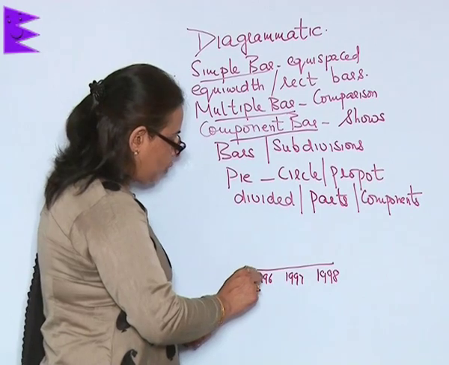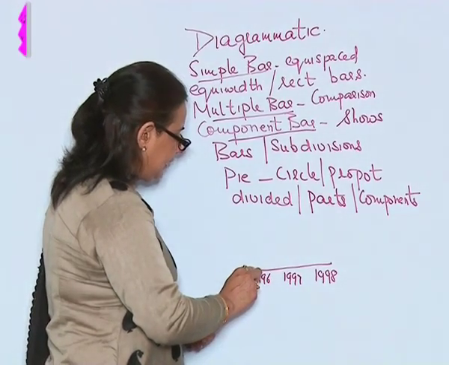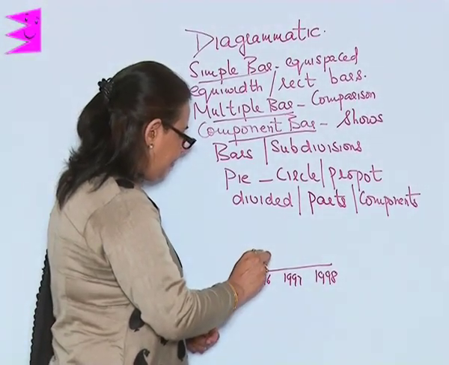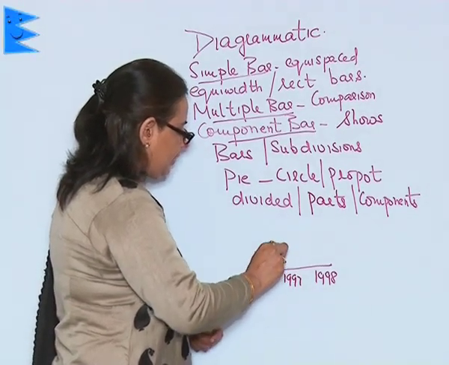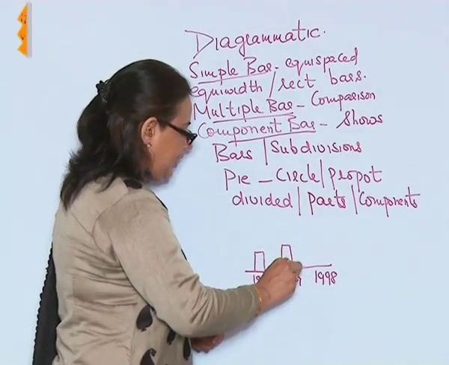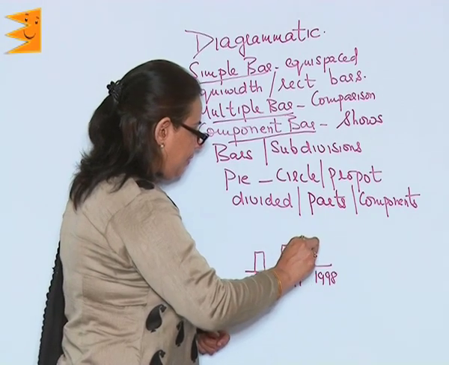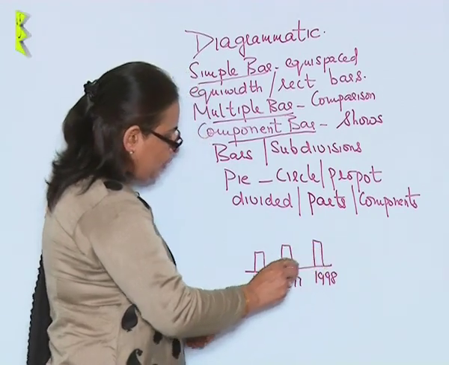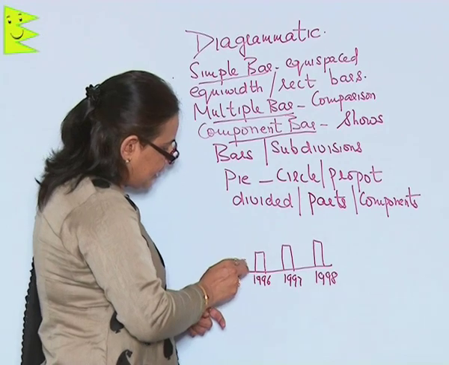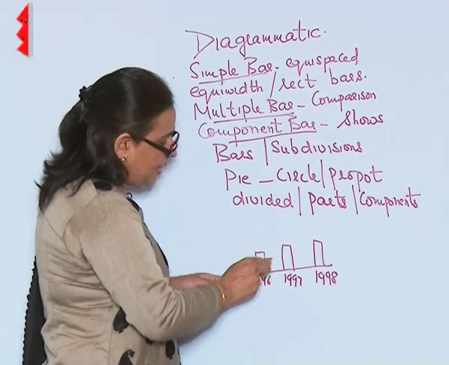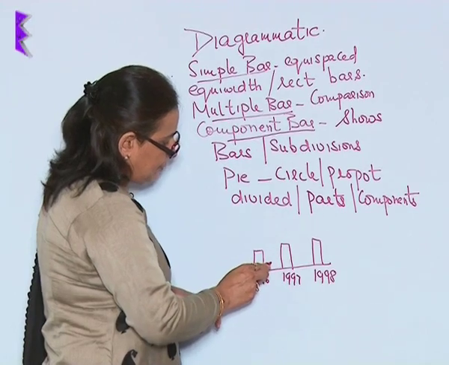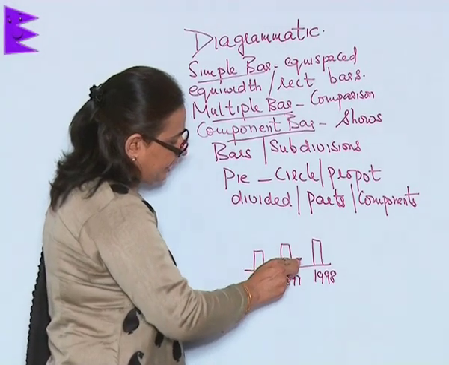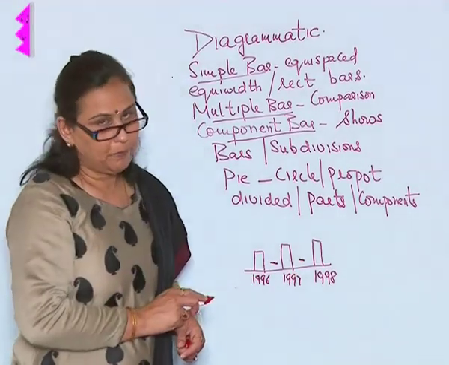So, the number of students who passed in 1996 were say 50. In 97, they rose to 70. In 98, they became 90. So, this depicts the simple bar presentation. Their width is the same and the distance between them is also the same.